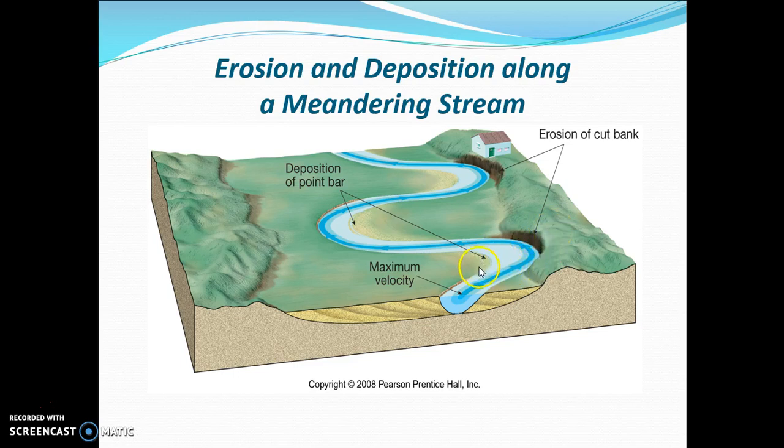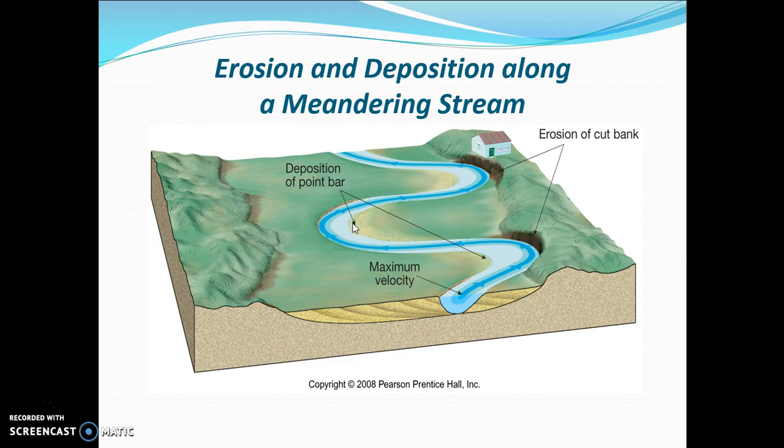On the other hand, on the inside of the loop or the curve, we have what we call a point bar. A point bar is an area where sediment is being deposited because the river is flowing more slowly on the inside of the curve.